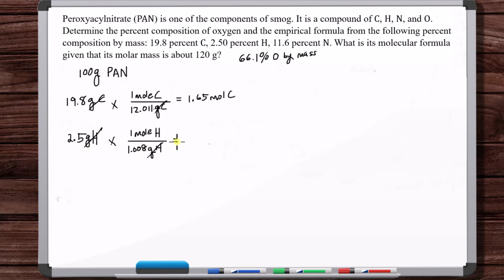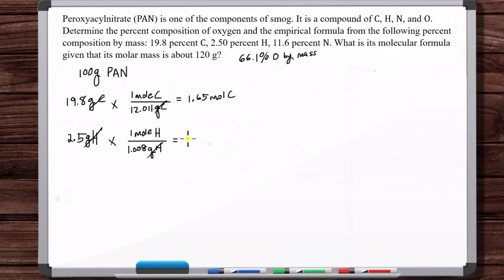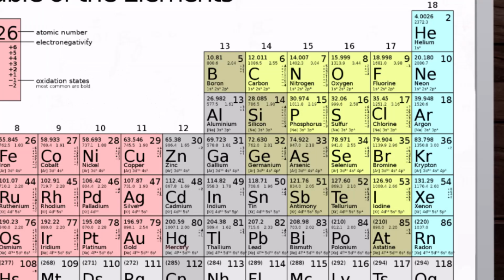That gives 2.48 moles. Okay, now what about nitrogen? Molar mass of nitrogen, 14.007.